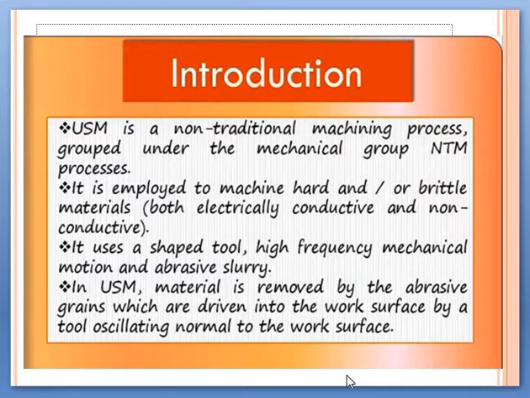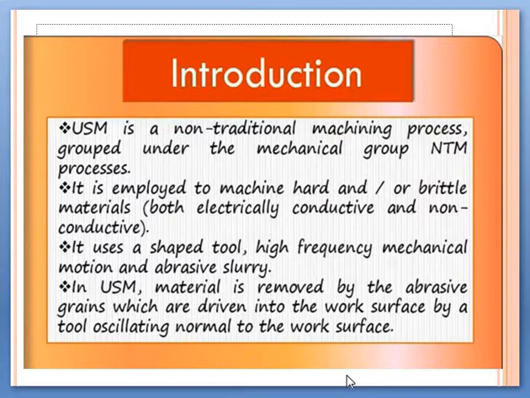Ultrasonic machining is a non-traditional machining process grouped under mechanical energy. It is employed to machine hard as well as brittle materials, and these materials may be electrically conductive or non-conductive also.